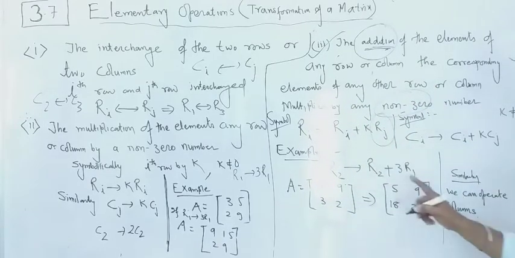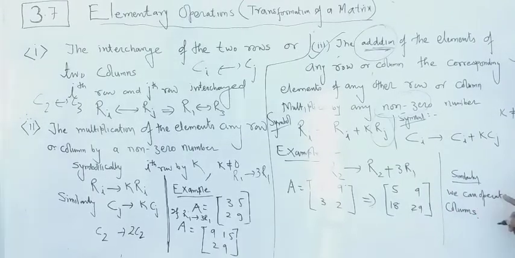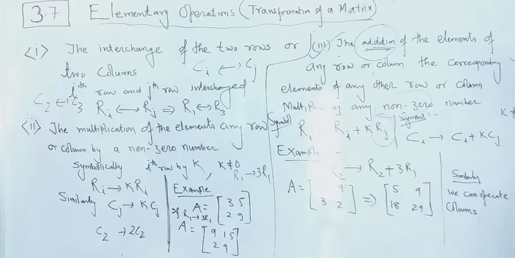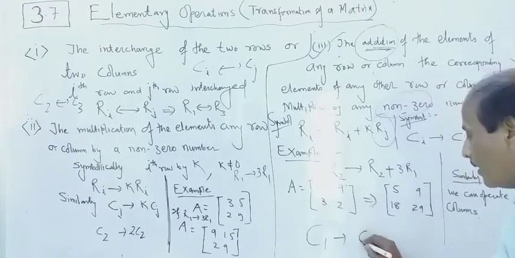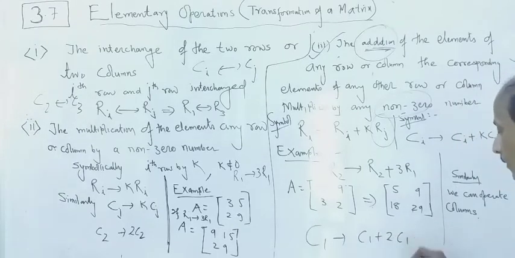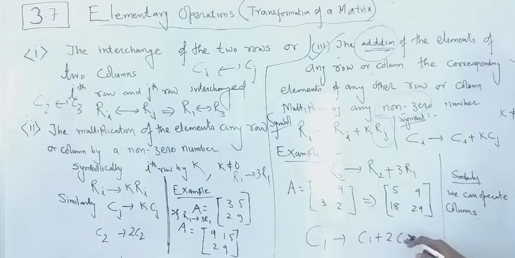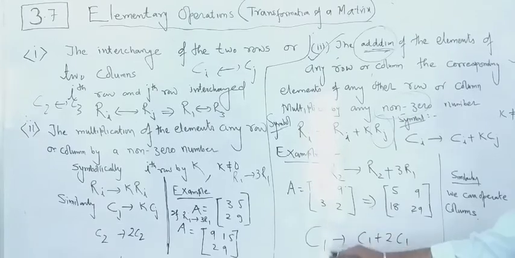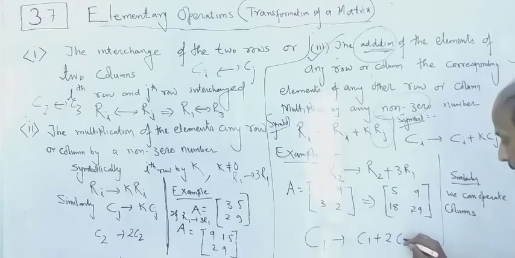Same type of thing we can do with the help of a column also. We can operate the same property on a column. If anybody is asking me to replace C1 by C1 plus 2C2, how am I going to do it? I will not touch column 2, but I will replace column 1 by C1 plus twice C2.